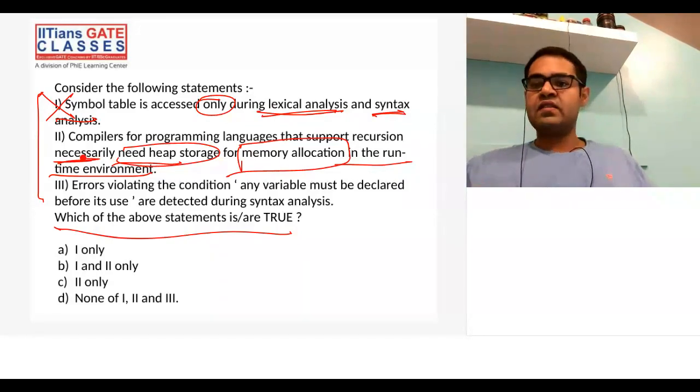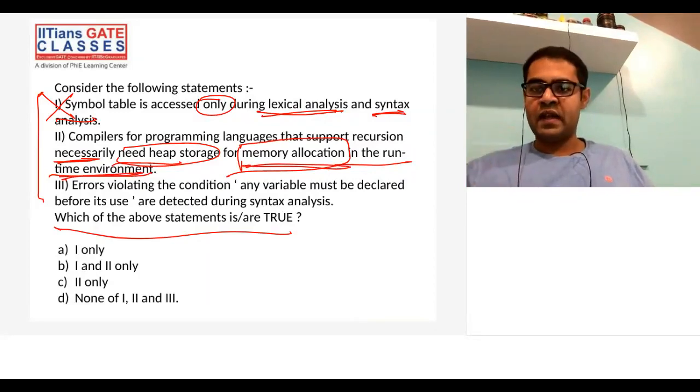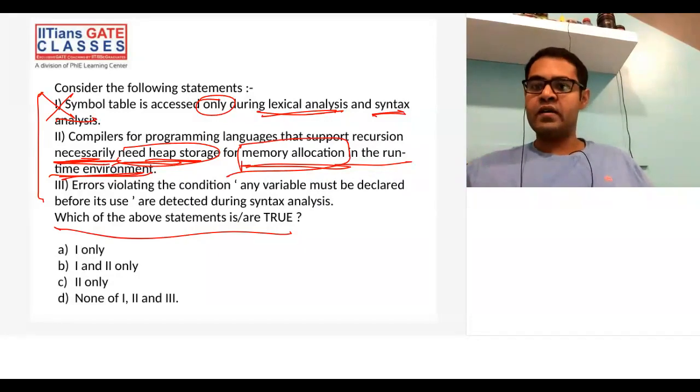Well, this is not true. The reason being, if we have support for stack, we would be able to allocate memory during runtime even if we only have stack. So heap storage is not necessarily required. Stack plus heap storage, both of them can allocate memory during runtime.